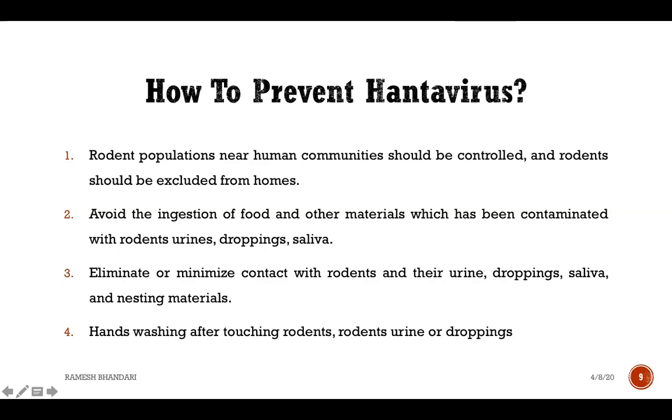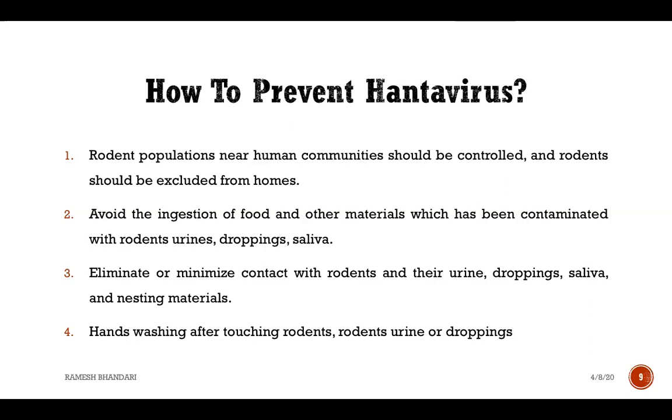The fourth step is a universal one: washing hands with soap and water after touching rodents or after touching the droppings or urine of infected animals.